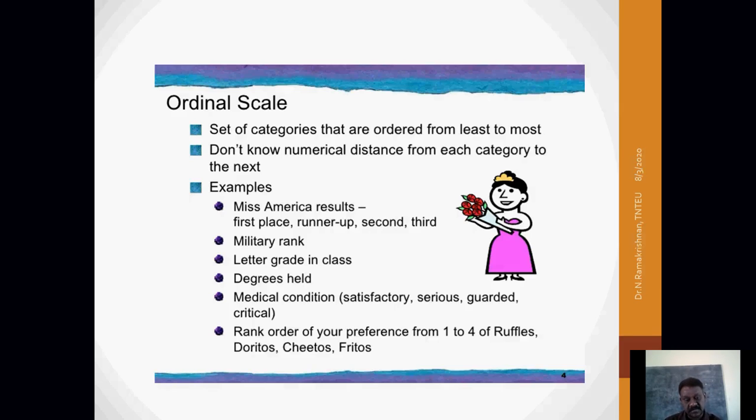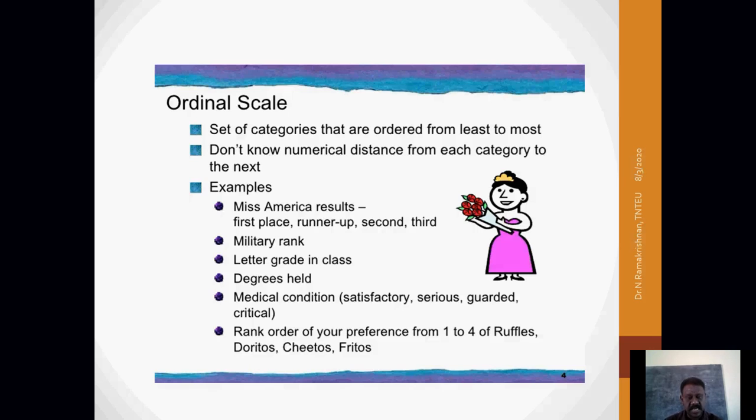Medical condition. You see, medical condition of a patient: satisfactory, serious condition, guarded, critical condition. So that is also ordering them. Normally in the hospitals, people will be grouped. Very serious will be in ICU, in intensive care unit, and the next people who are under observation will be guarded, and satisfactory patients will be discharged today or tomorrow.